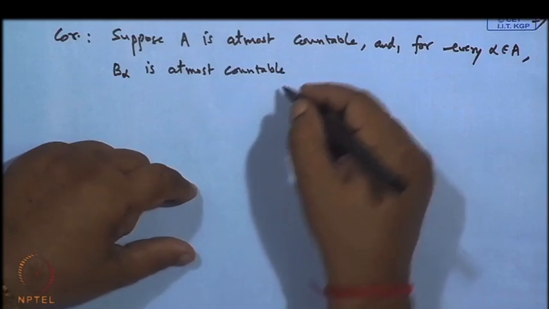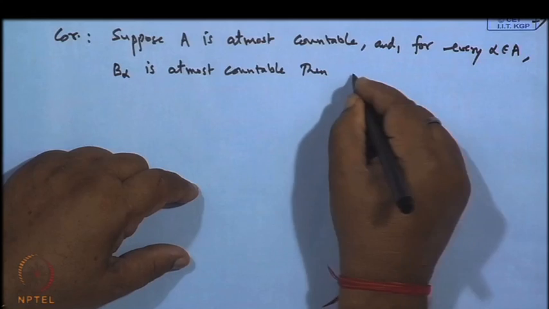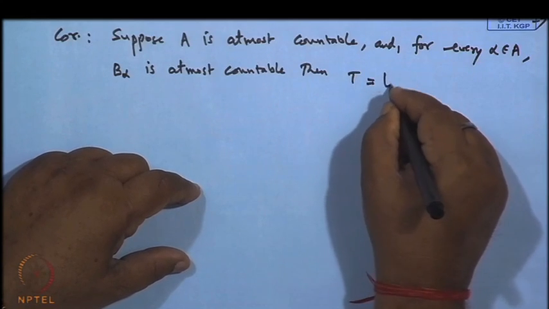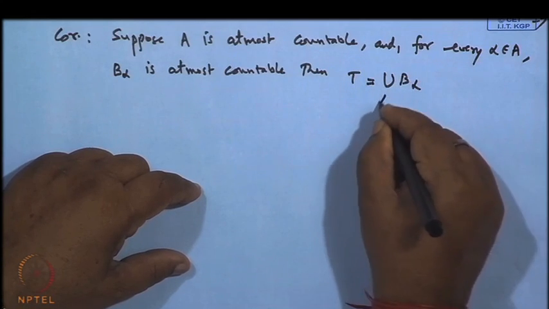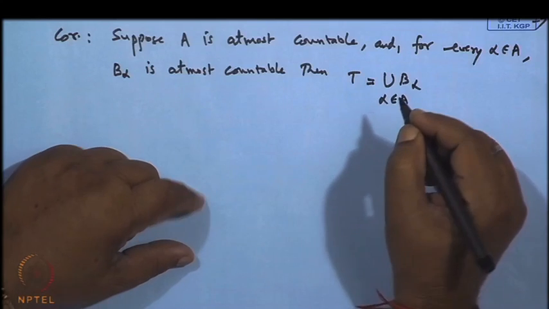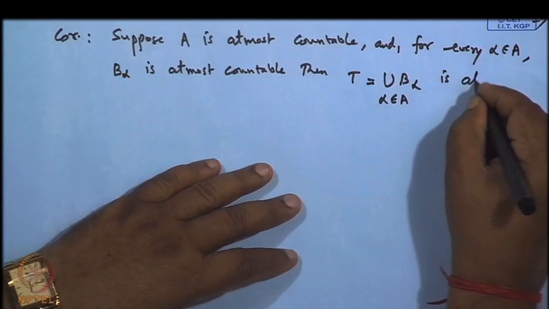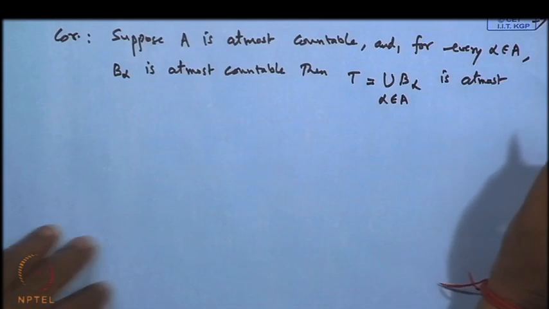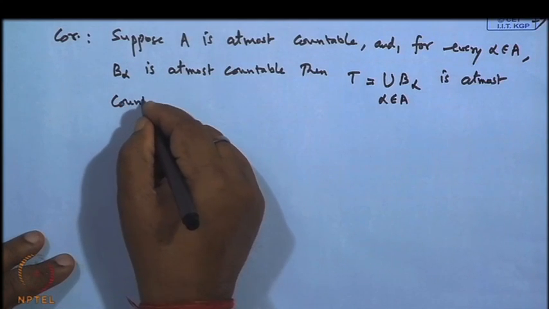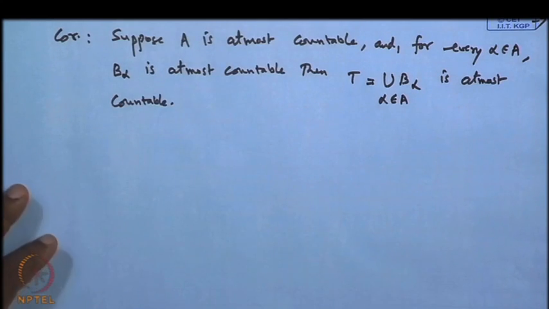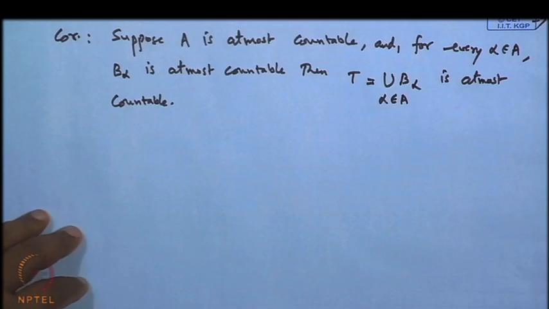Then T, which is the union of B_alpha where alpha belongs to A, is at most countable. At most countable means either it will be finite or infinitely countable. Okay.